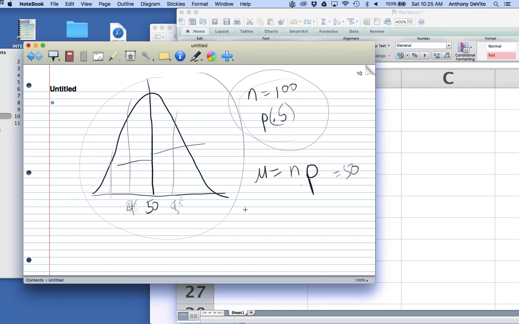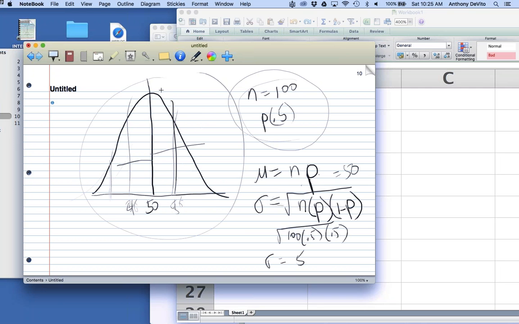I can also approximate the standard deviation of this binomial distribution by saying it's equal to the square root of n times p times 1 minus p, the probability of not heads. That's the square root of 100 times 0.5 times 0.5. 1 minus p is 0.5. 0.25 times 100 is 25. The square root of 25 is 5, so the standard deviation is 5.